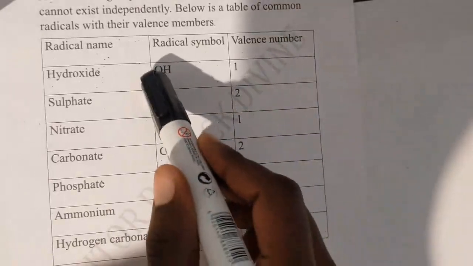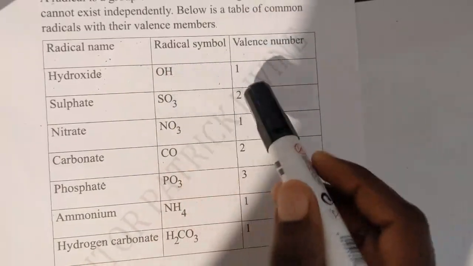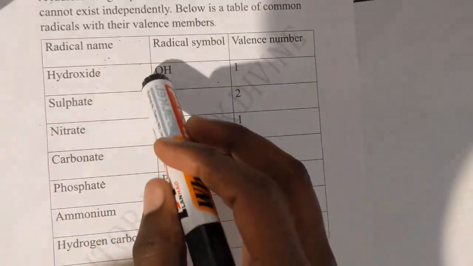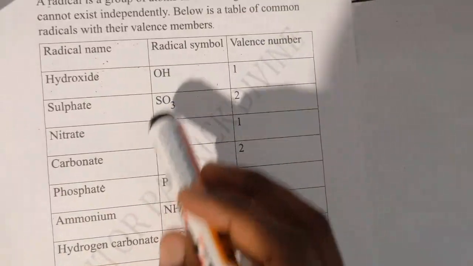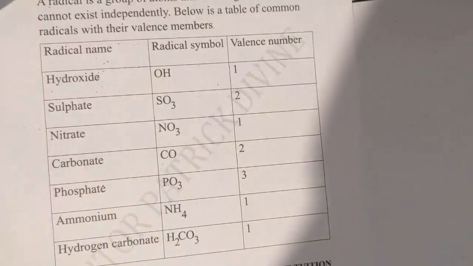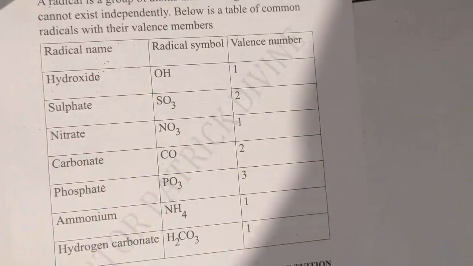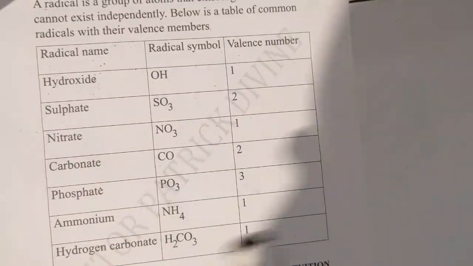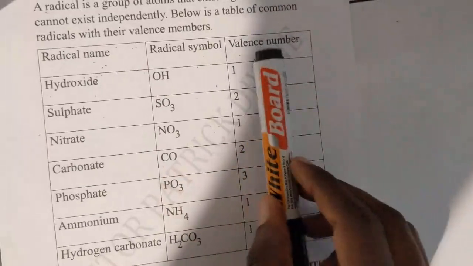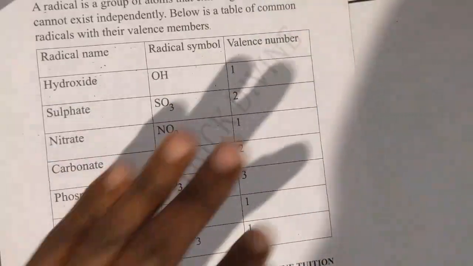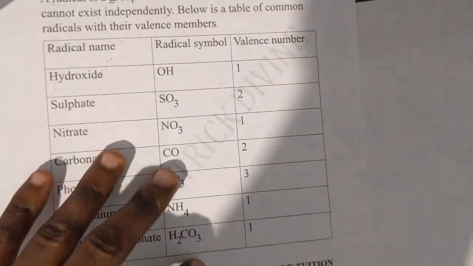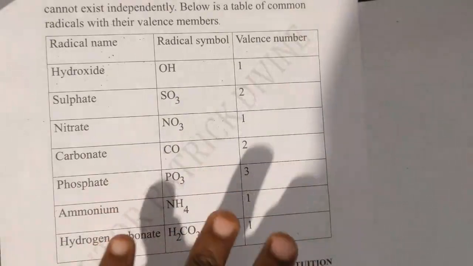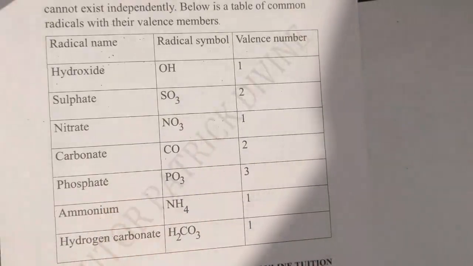You won't find that a combination of oxygen and hydrogen has a valence of 1. What you know is that oxygen has a valence of 2, hydrogen has a valence of 1, okay? So you won't know what the valence numbers are if you don't study these by heart. So I want you to know these by heart, okay? That's why I've brought them here.